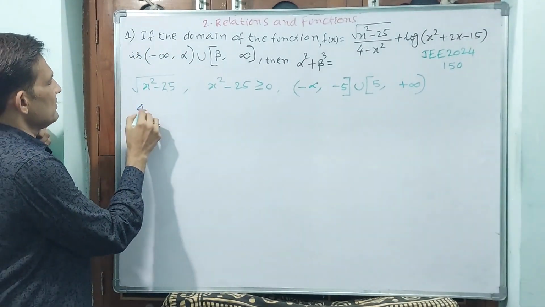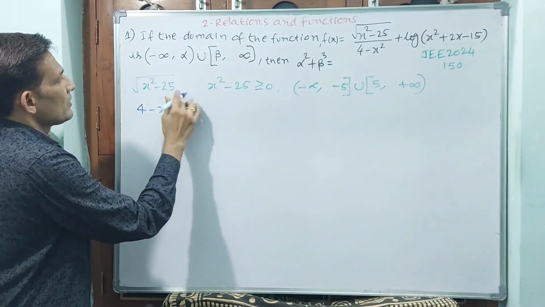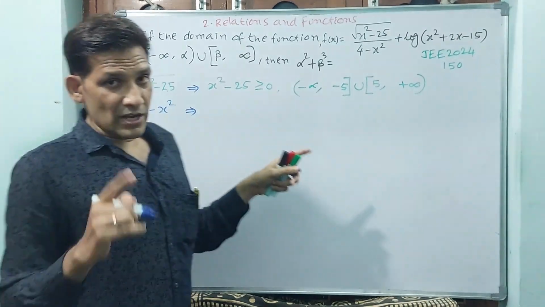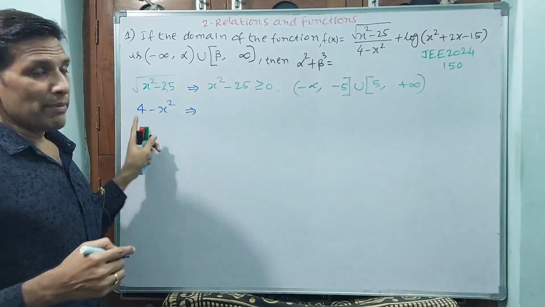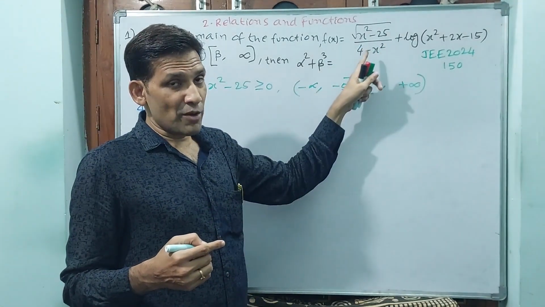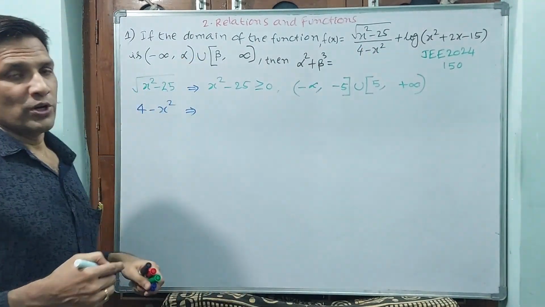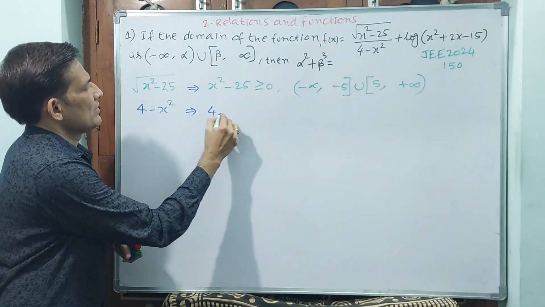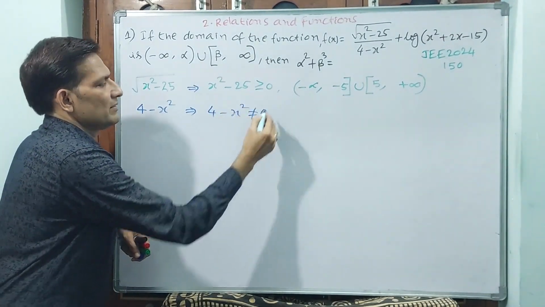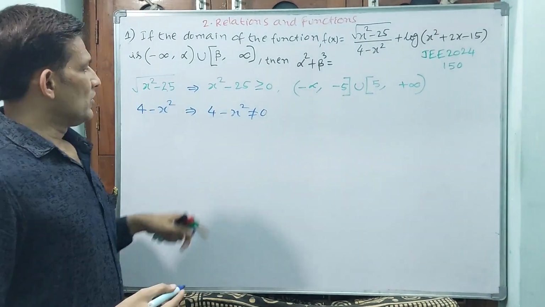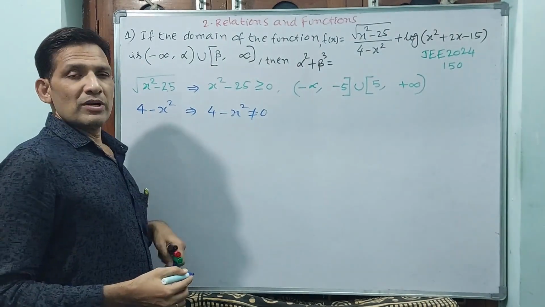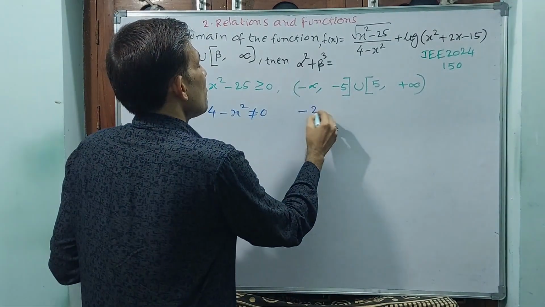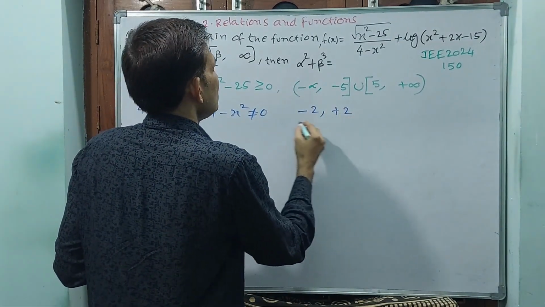Let me do this now. Observe carefully. Separately I have written, but 4 minus x square is in the denominator. When it is in the denominator, the denominator should not become 0. If it is 0, the function is undefined. When is it going to become 0? At minus 2 and plus 2.